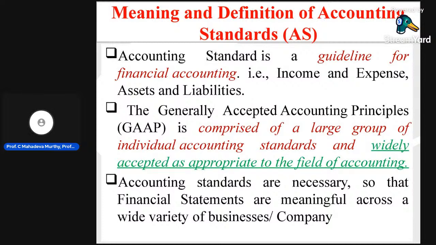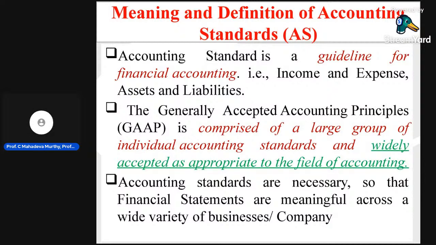A Japanese company that starts branches in Mysore, India, should not need the books of accounts to come only from Japan. Our own people can prepare the books of accounts, because otherwise it is very difficult. In that context GAAP is most important, widely accepted as appropriate to the field of accounting. Everyone throughout the globe accepted GAAP accounting principles.